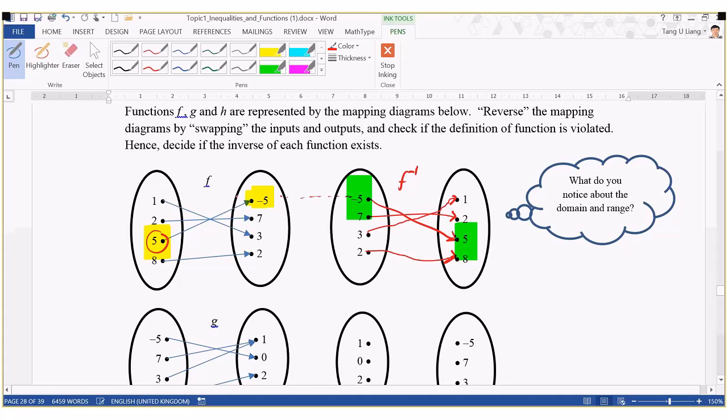So F inverse of F of 5 really is 5. And you can test out for the others, 1, 2 and 8 as well. So this arrow diagram is really the inverse function of F. Okay.